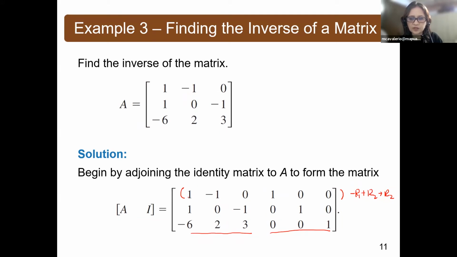Obviously, negative 1 plus 1 will be 0. And negative times negative 1 will be positive 1. And then still negative 1, and then this is still 1, and then this is 0. So the second row becomes 0, 1, negative 1, negative 1, 1, 0.